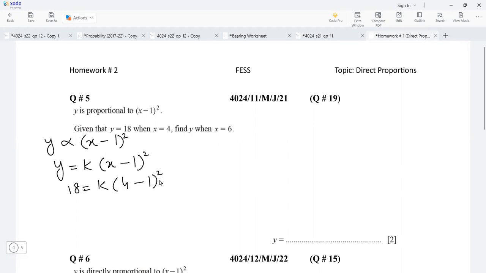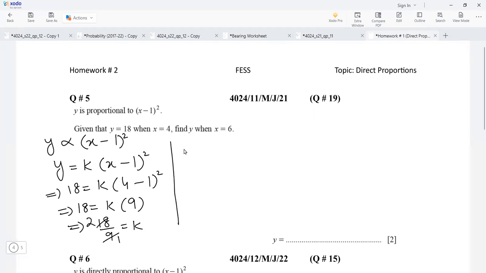Do the subtraction first and then take the square. 4 minus 1 is 3. 3 squared is 9. We have done it in one step. It's fine. So now 9 is going to be divided onto the other side. So 18 over 9 must be equal to 2. 9 one time and 9 two times is 18. So k equals 2.